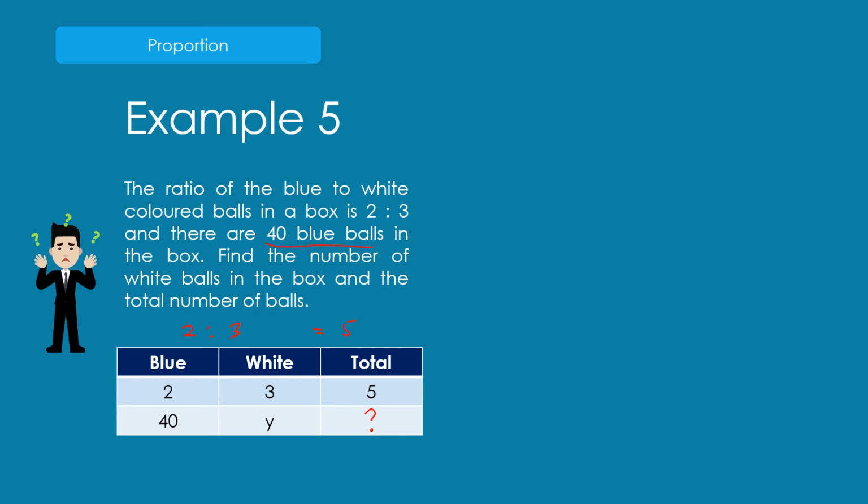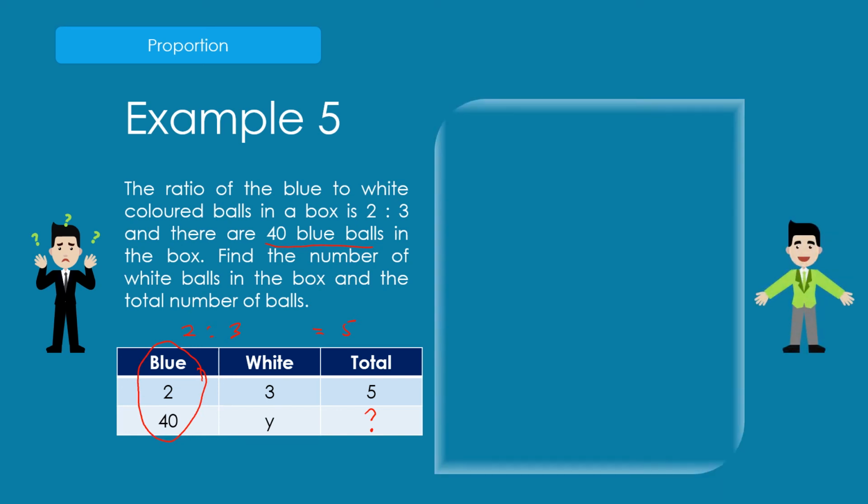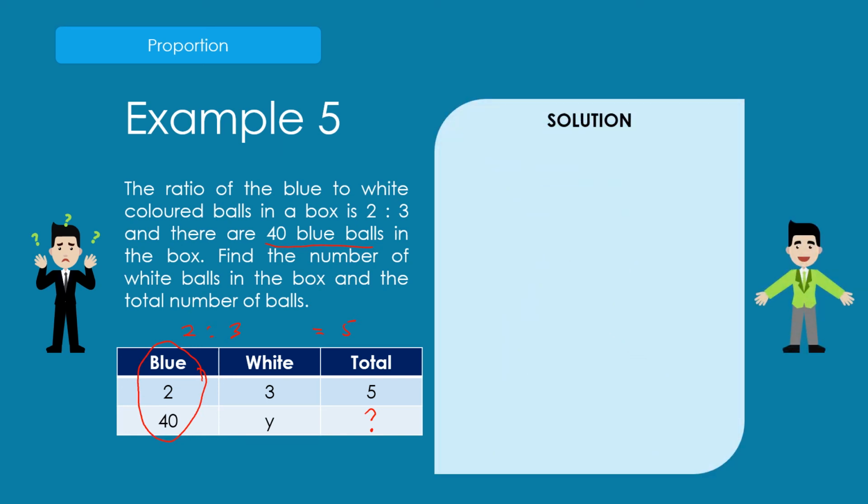Don't worry, you can still find one portion by using the information about blue balls. One portion is equal to the number of blue balls, which is 40, divided by 2, which is equal to 20 balls. So white balls is equal to 3 times 20, which is 60 balls.